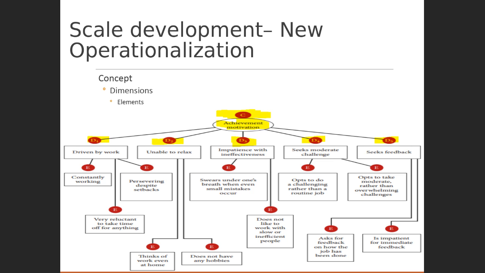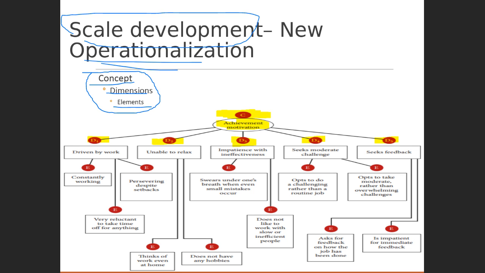But if you have to do a new operationalization, then you need to develop your scales, and developing a scale is in itself a new research project, because you need to divide your concepts into different dimensions, and you need to divide your dimensions into different elements until your concept is completely saturated. So this is the way to operationalize, and you need to have a comprehensive understanding of that particular variable or concept which you are measuring.